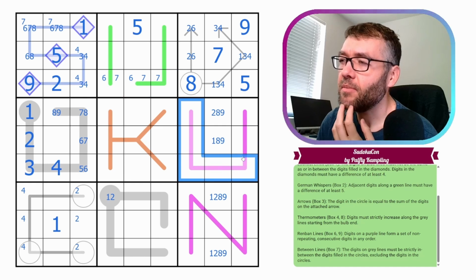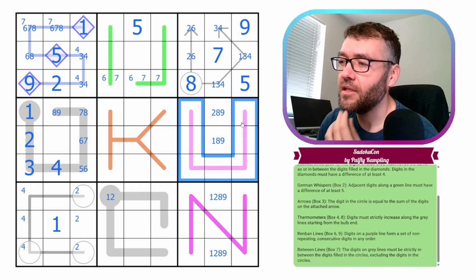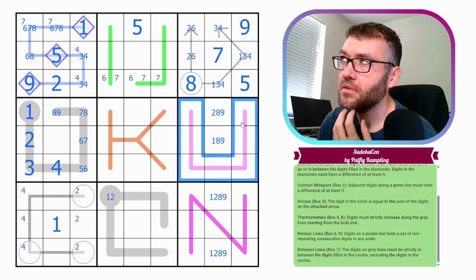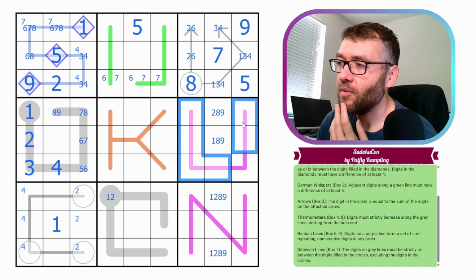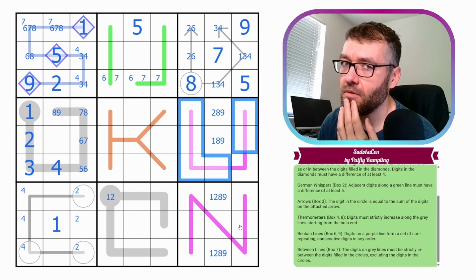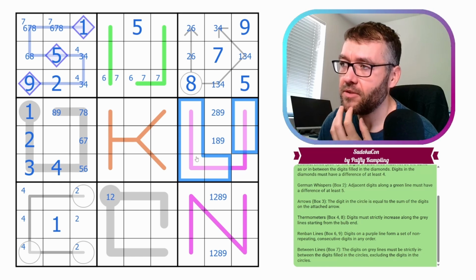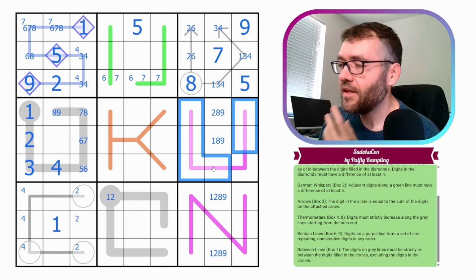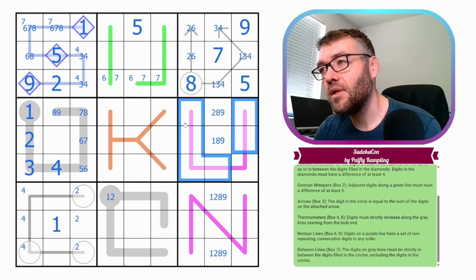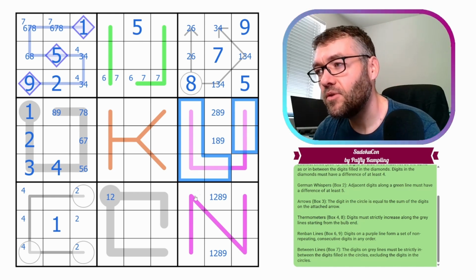Now that I'm thinking about these thermometer lines, did these have to be the extremes? Does one of these have to be 1 through 7, the other one 3 through 9? Or can one of them be 2 through... Or could they both be 2 through 8? Or one be 2 through 8 and 1 through 7? I think they have to be the extremes, because let's say one of these was 1 through 7, the other one was 2 through 8.